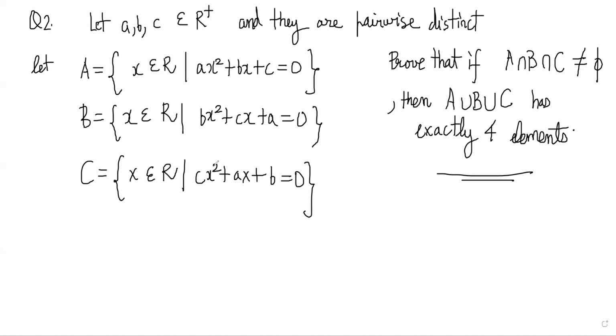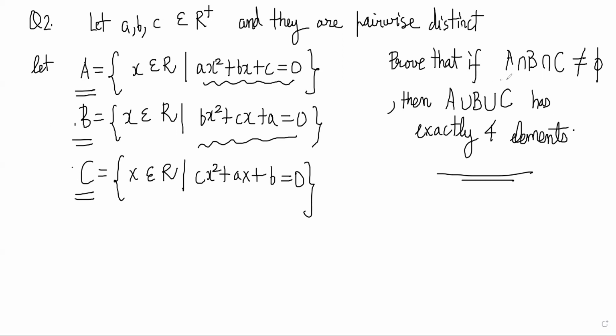So A, B, and C are positive reals. And the sets capital A, capital B, capital C are the sets of real roots of these equations, right? The equations could have 2 real roots or 1 common real root or 0 real roots.